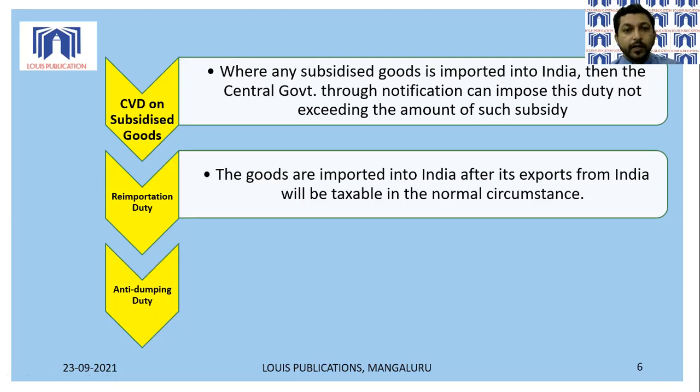A certain country, due to some reason or the other, due to some favorable condition, has been able to manufacture particular kinds of goods at a comparatively lesser price and in significantly large quantity.